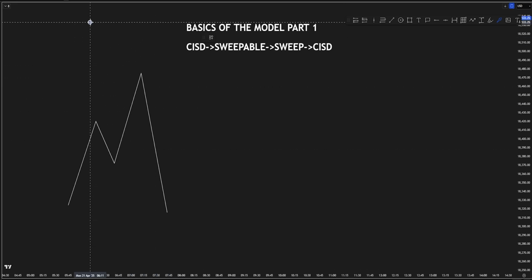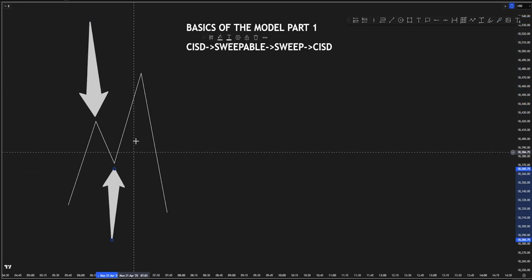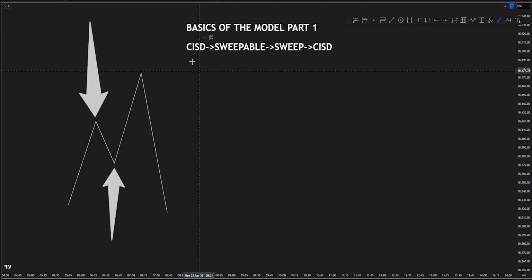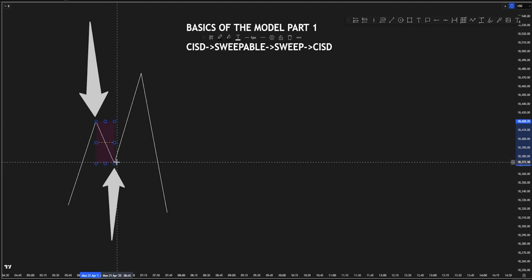Now, between this swing point and this swing point, for a bearish breaker, there needs to be a down candle somewhere in the leg from this point to this point. So we need to see some bearish candle here.